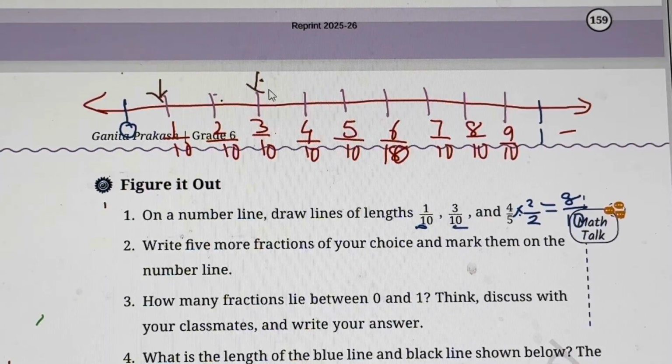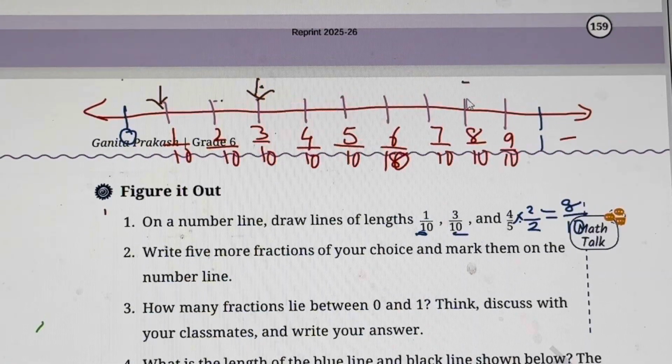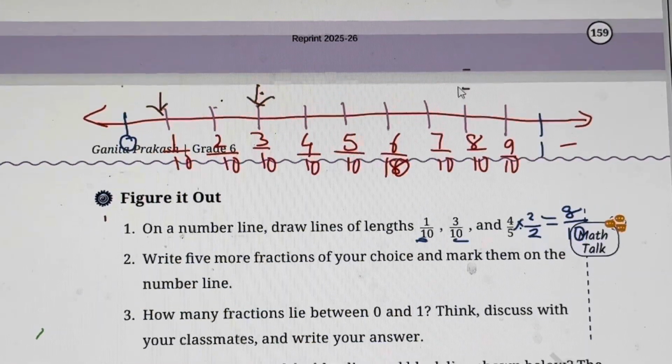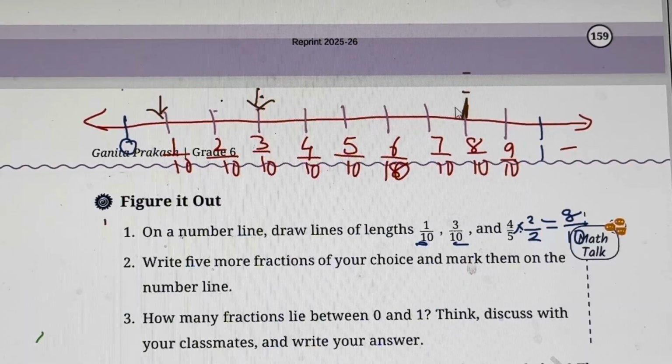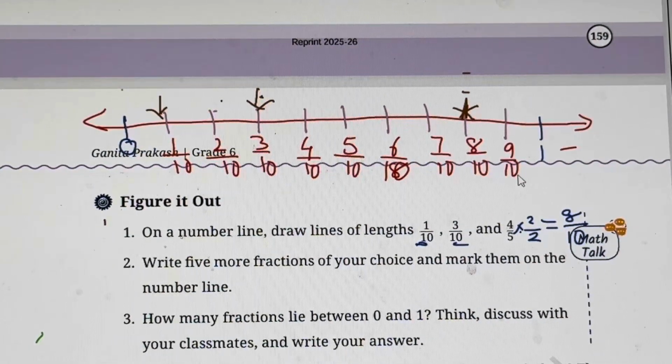Yes, 3 upon 10 and then 8 upon 10, which is also 4 upon 5. So you can mark that with arrows or a box. You can make a box around it and show the fractions which are asked.